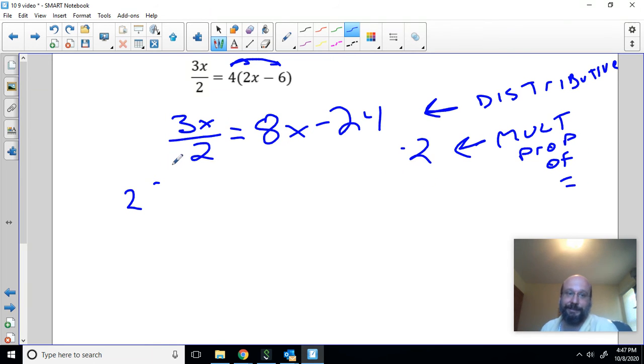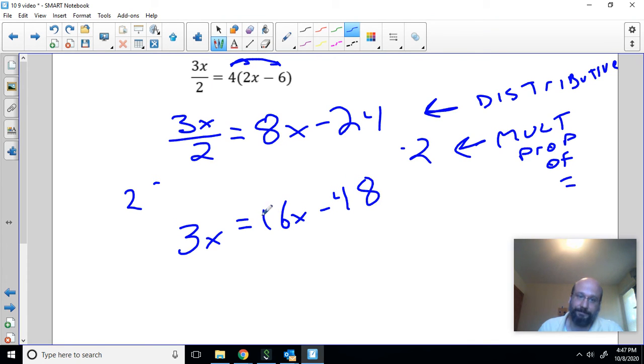It's important for you to understand that when you multiply this by 2, it cancels, and you're just left with 3x. That's why we do it, to get rid of the fraction. But when you multiply this side by 2, you have to multiply everything by 2. So it'll be 8x times 2, which is 16x, and negative 24 times 2, which is negative 48.